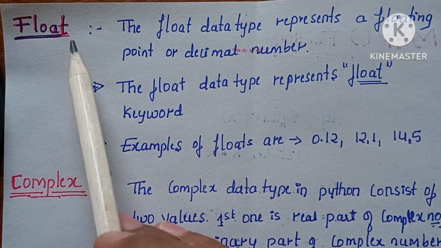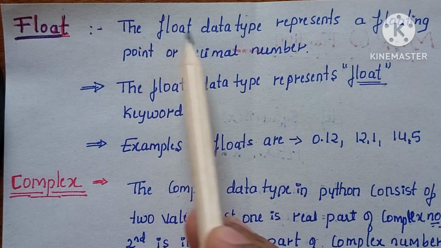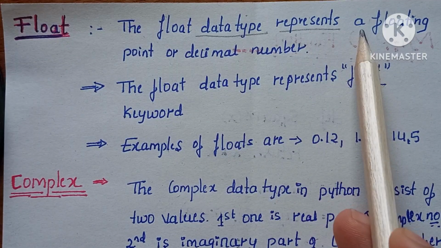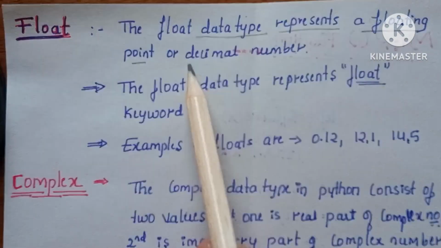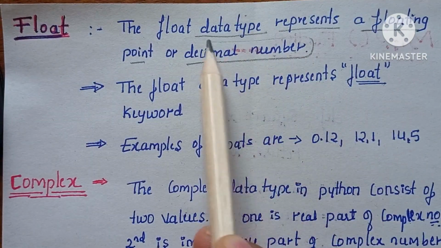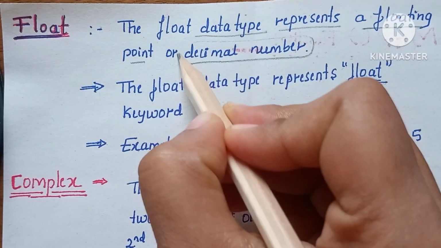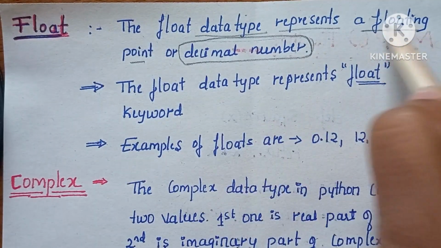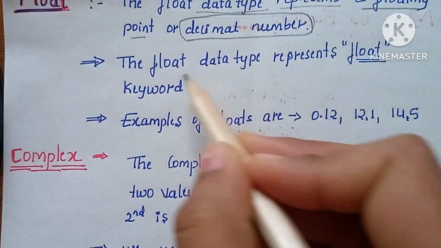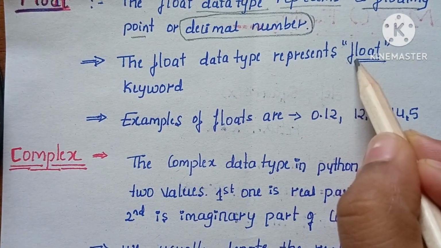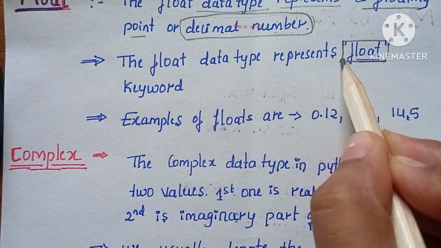The second one is the float data type. The float data type represents a floating point or decimal number. It is most important. It is represented by the float keyword.